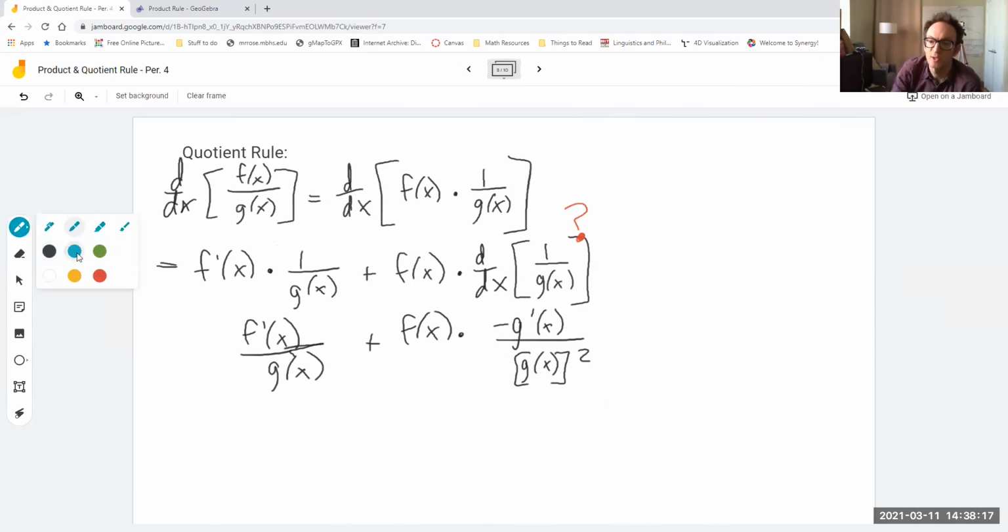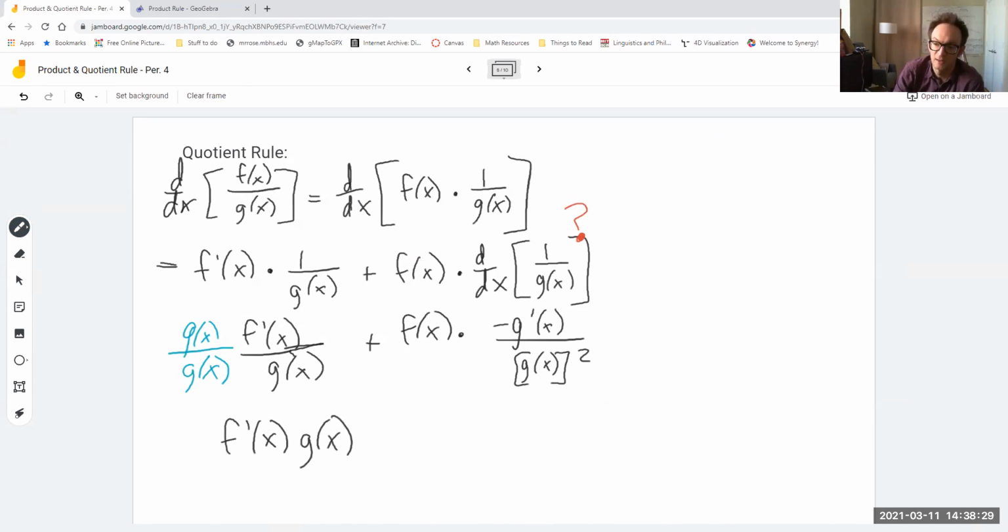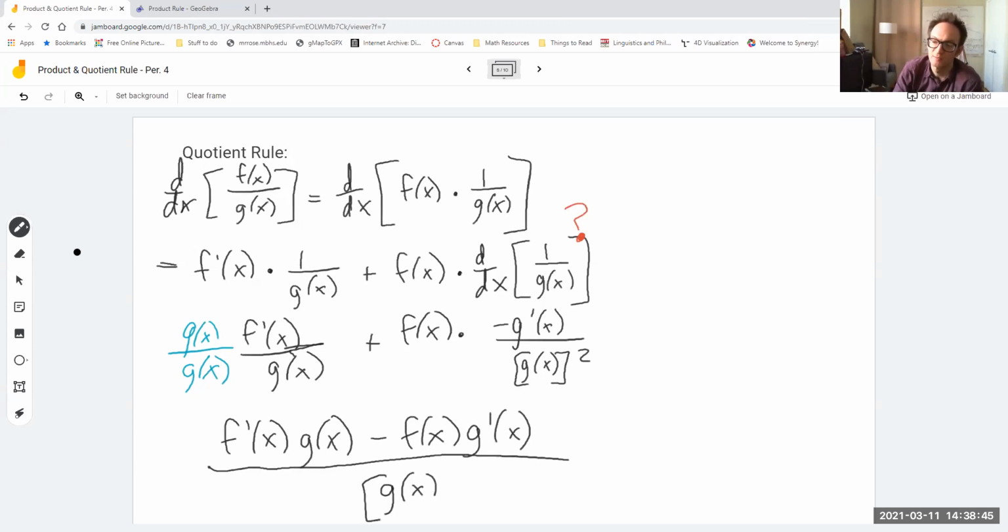What people will usually do now is they'll get a common denominator by multiplying by g over g. And the final quotient rule is the derivative of the top times the bottom minus the top times the derivative of the bottom, all over the bottom squared.